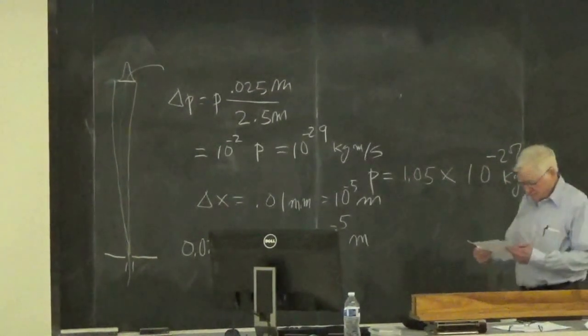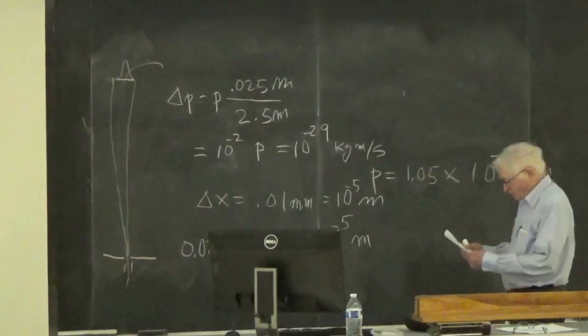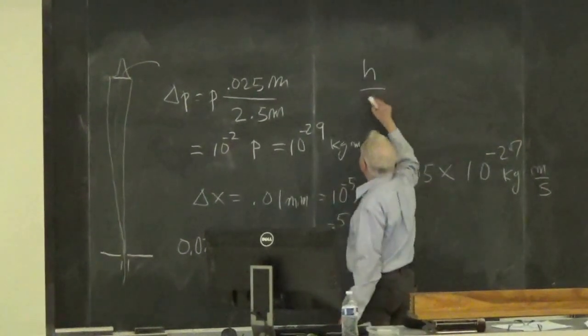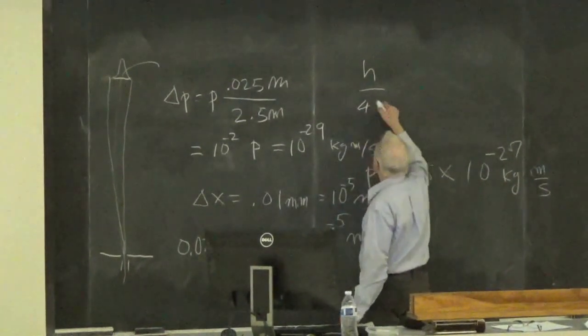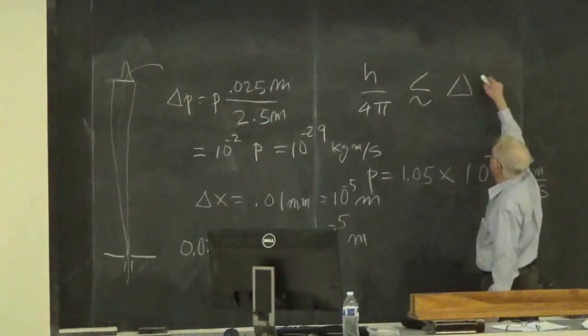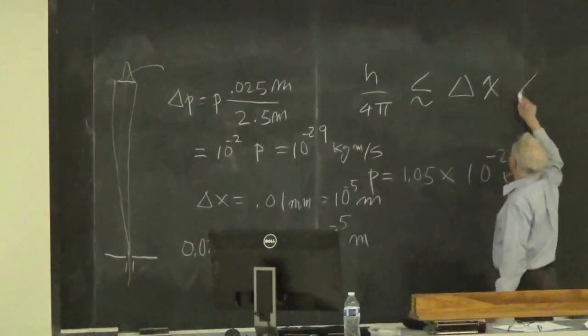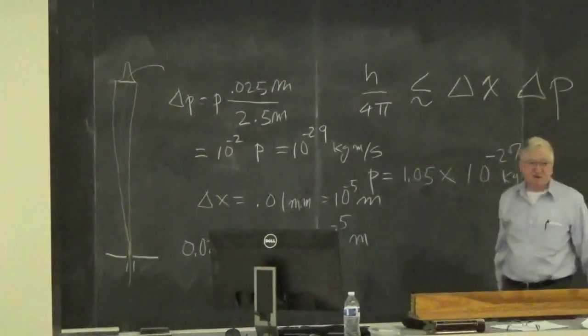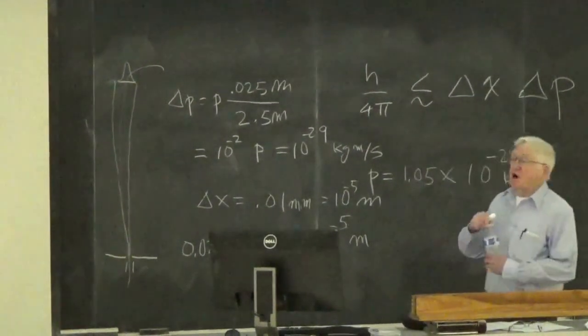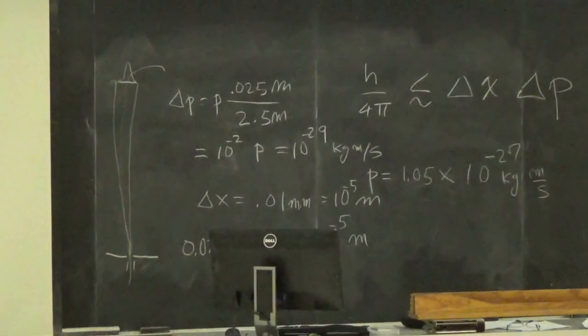Okay. And so what we do, the uncertainty relation is basically h over 4 pi is less than, more or less equal to delta x delta p. So that's the Heisenberg uncertainty relation, or Heisenberg uncertainty principle.